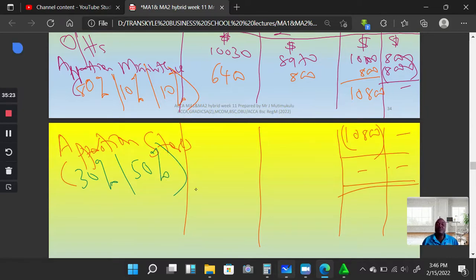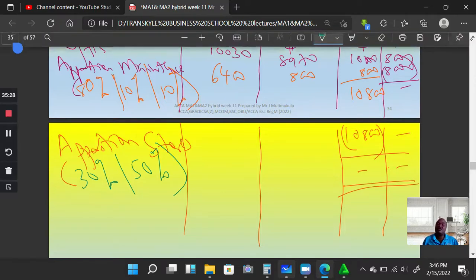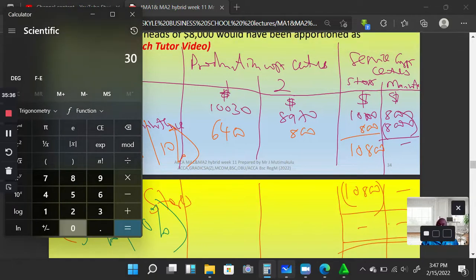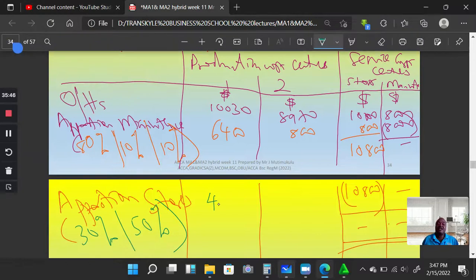For the purpose of reapportionment for production cost center 1, remember we are sharing this 10,800. So we are going to say 30 over 80 multiplied by 10,800. That's 4,050.